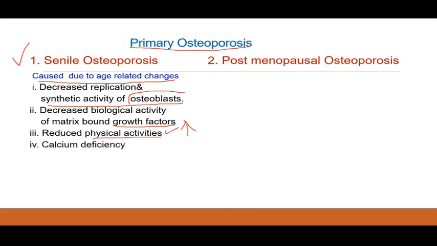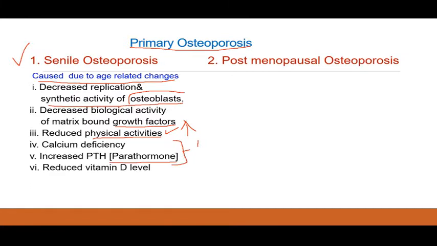Calcium deficiency is another cause. Increased PTH, parathormone level and reduced level of vitamin D are the other causes of senile osteoporosis.